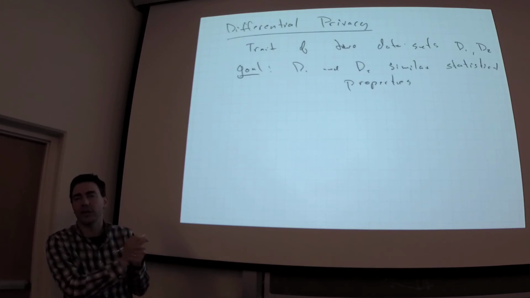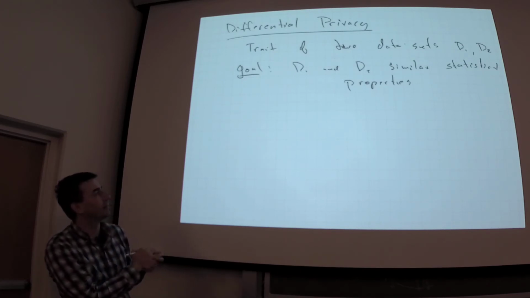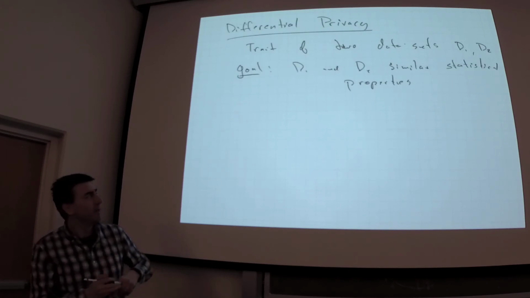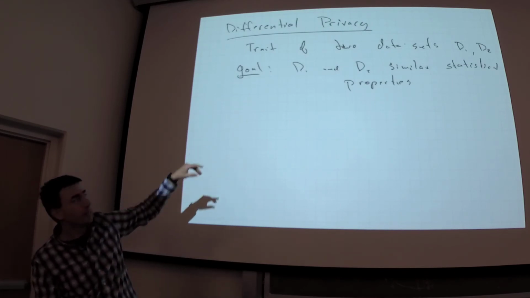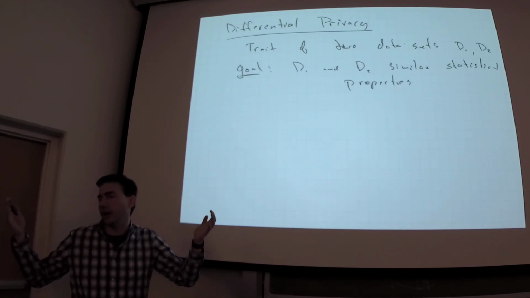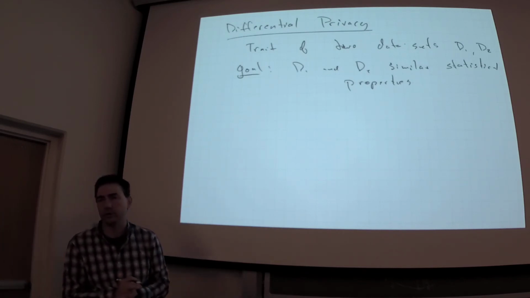So I can do analysis on D2, and I'm hoping it's similar to D1. The idea is that maybe D1 is the real data set, but I have access to D2. So if I do my analysis on D2, then I want this analysis to be good.